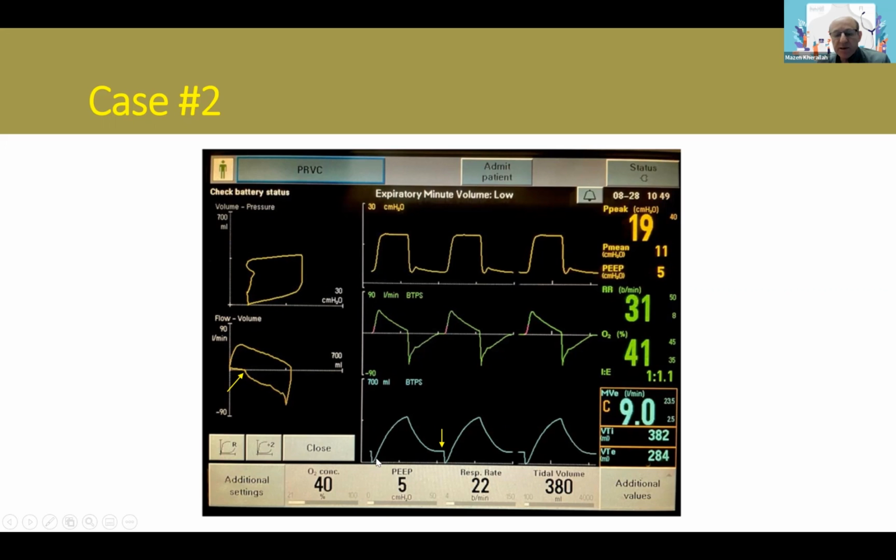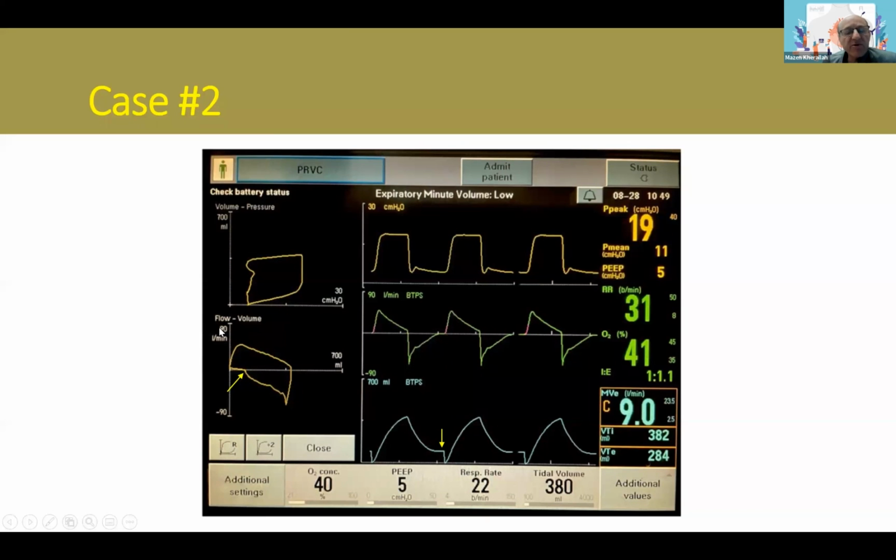Look at this volume. This is inspiratory volume. In expiration, it doesn't come out all the way. That's why we have a wedge here. And you can see the inspiratory volume 382 and expiratory volume 284. So at least it is better than the previous case. We're losing 100 here every breath.